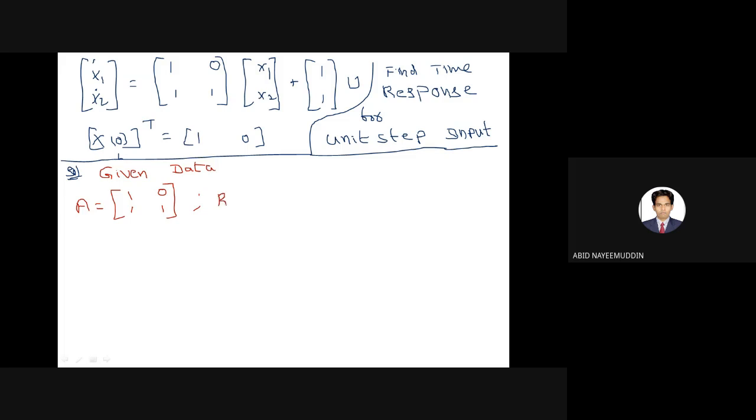Next, B he has given as 1 1. Next, x of 0 will be equal to once again a column matrix, 1 0, transpose. And also he has given the input u of t is equal to unit step, so 1. That is the given data.